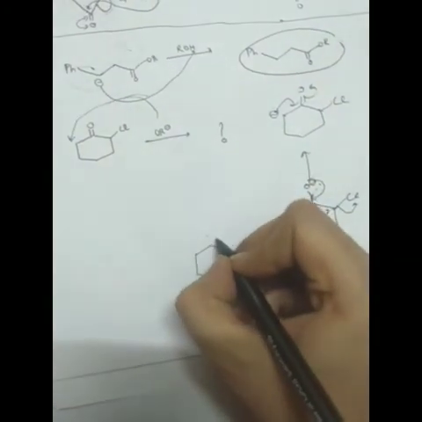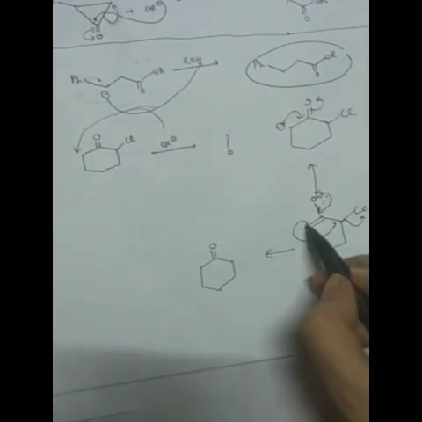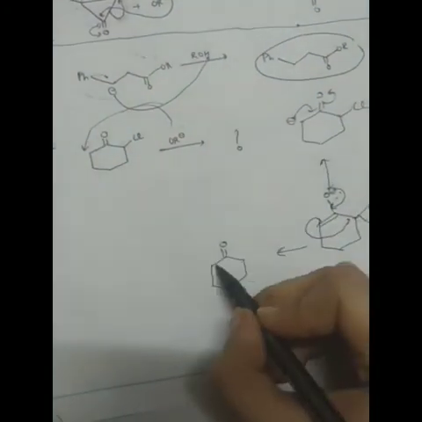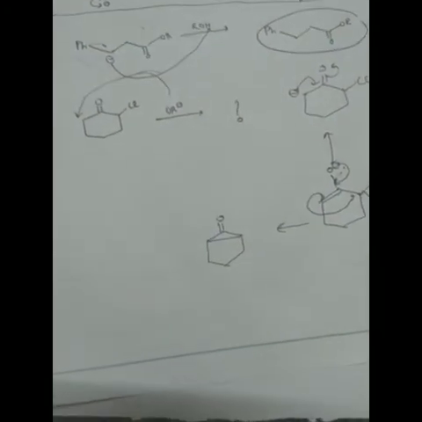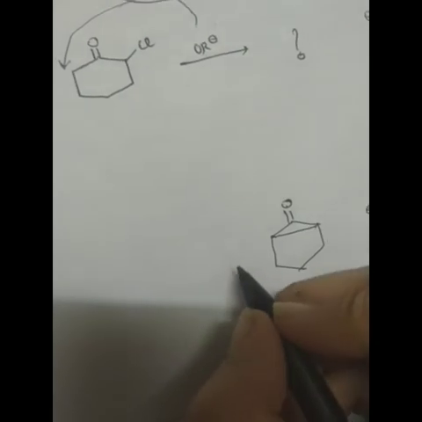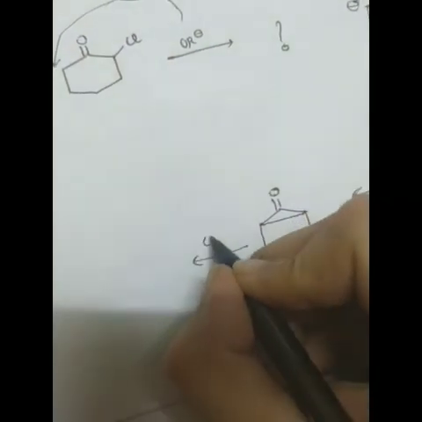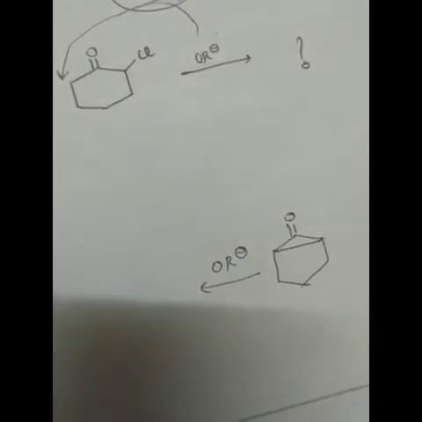Now this is coming back, so the carbonyl is obtained here, and this bond is attacking here, forming a three-membered ring. Again, this is a very unstable species, so another molecule of alkoxide ion comes, but this time it will not act as a base, but as a nucleophile, because there is no acidic proton.